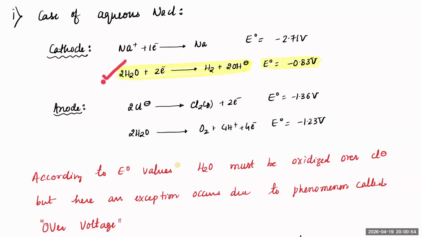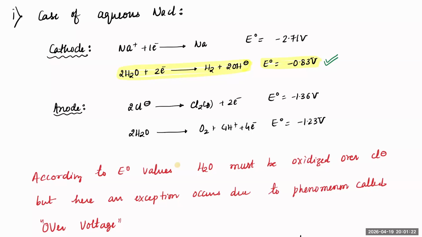This is the reduction equation of water: water will consume 2 moles of electrons to give H2, which is 1 mole, and 2 moles of OH- in the solution. These two are competing. It's very clear from the values here that water will be favored over sodium. So water will win over the Na+ ion.